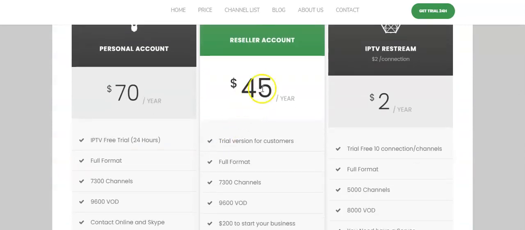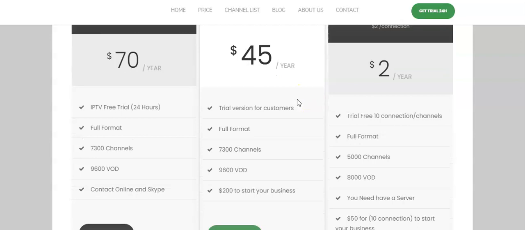So what you can do is, you can do this for both new clients as well as for referrals. Instead of paying the referral directly, you can put in $45 for a year on their behalf and sign them up for free streaming, thousands of channels, thousands of movies.